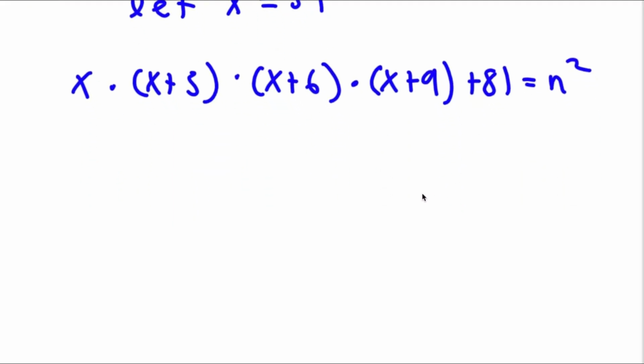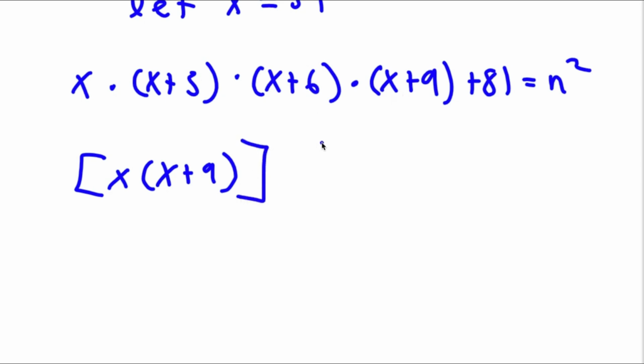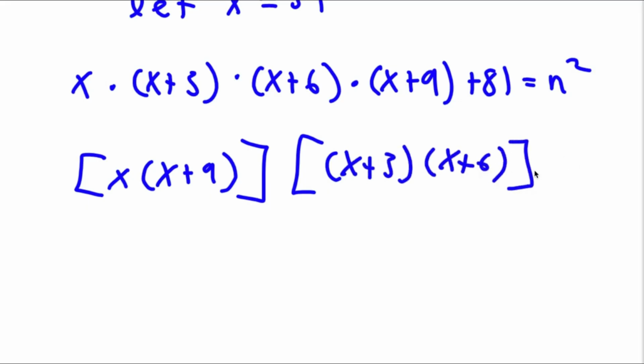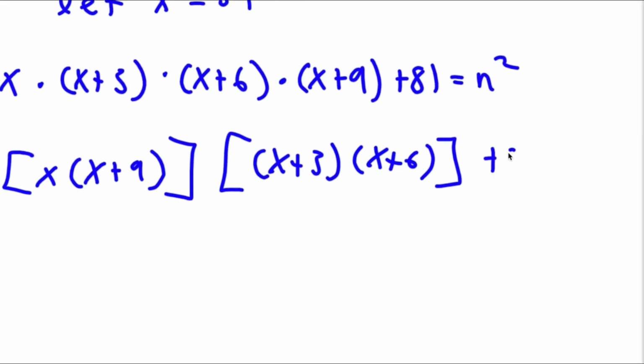Now, if I rearrange these, I can rewrite this as x times x plus 9. I'm simply bringing x and x plus 9 together, times x plus 3 times x plus 6, plus 81 is equal to n squared.